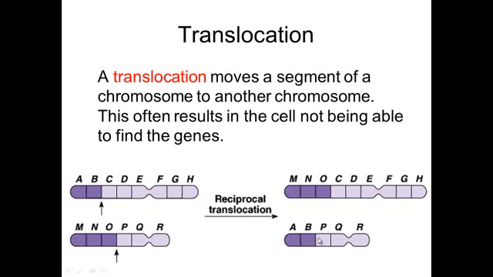Translocations are kind of bad because those genes that are translocated to the wrong chromosome, in essence, are lost to the cell because it doesn't know where it put them. It can't find them when it needs them. They're supposed to be on chromosome 5 and they're on number 17 and it doesn't know that. The cell doesn't keep track. It just looks for them where they're supposed to be and they're not there. So translocation is kind of a bad one.